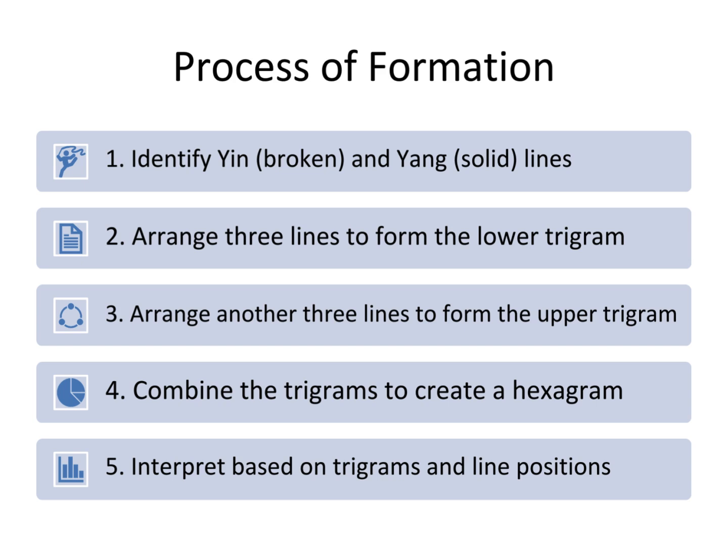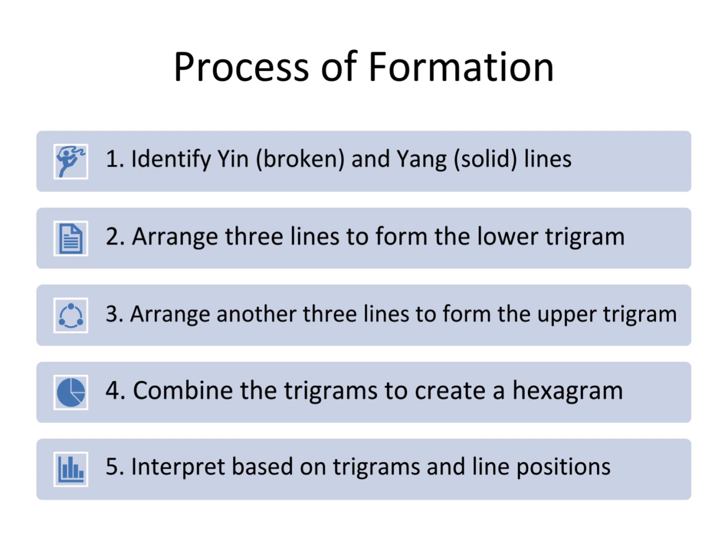Arrange another three lines to form the upper trigram. Combine the trigrams to create a hexagram. Then interpret. The interpretation is based on trigrams and line positions, broken or solid, within the trigrams or hexagram itself.